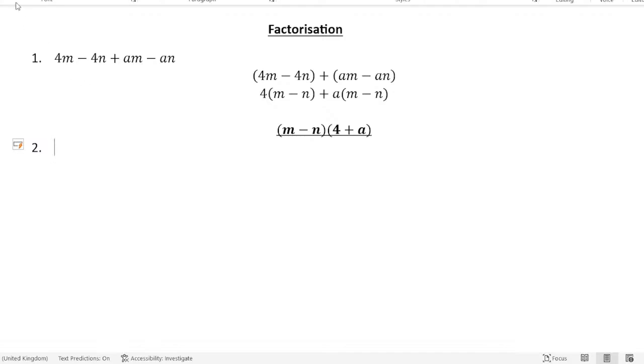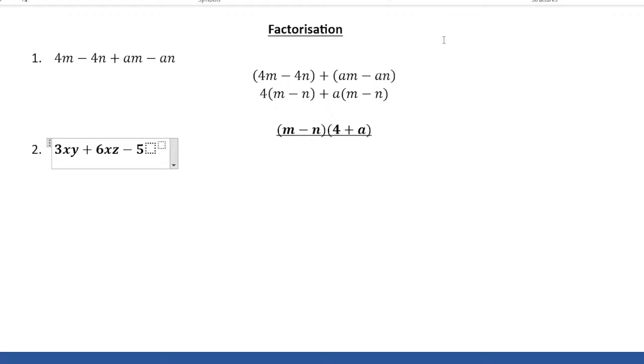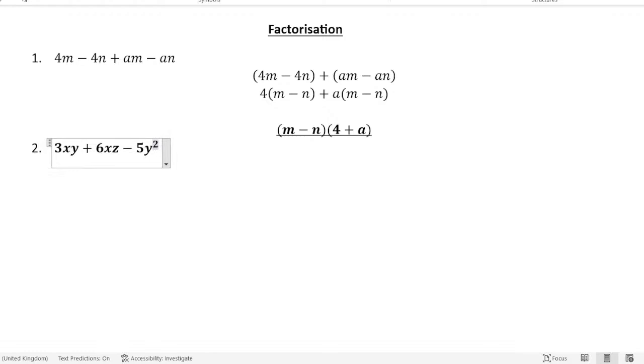Here we have 3xy plus 6xz minus 5y squared minus 10yz.